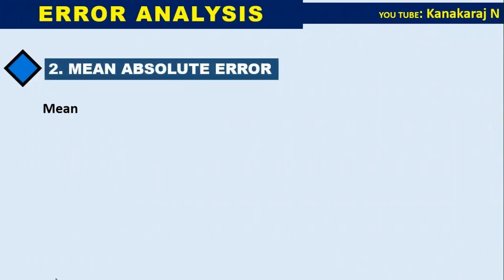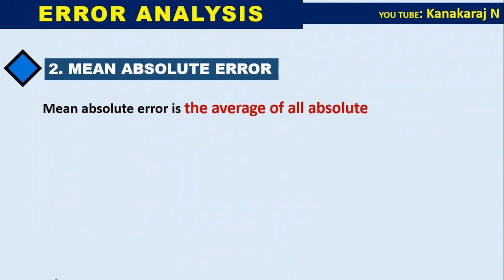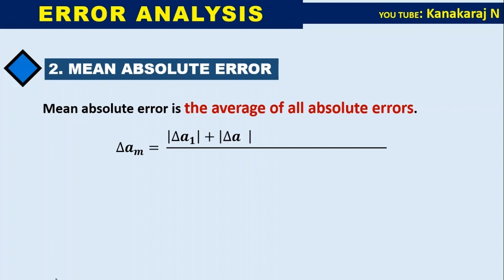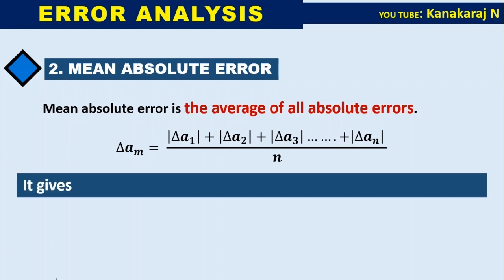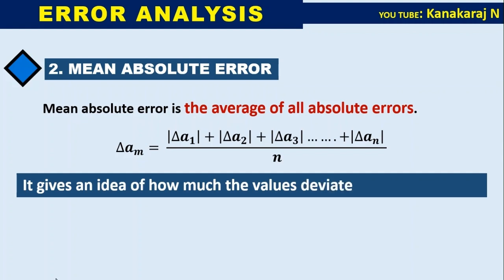Mean absolute error. Mean absolute error is the average of all absolute errors. Del AM equals absolute error in A1 plus absolute error in A2 plus absolute error in A3, like that up to absolute error in AN, whole divided by N. It gives an idea of how much the values deviate from the average.